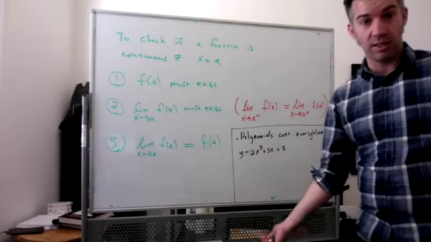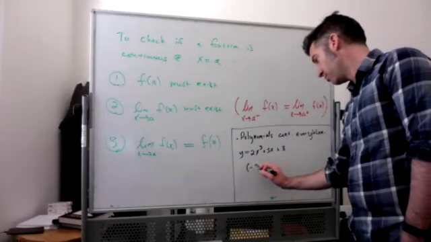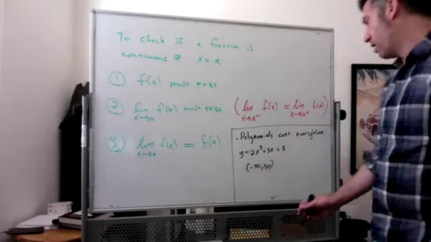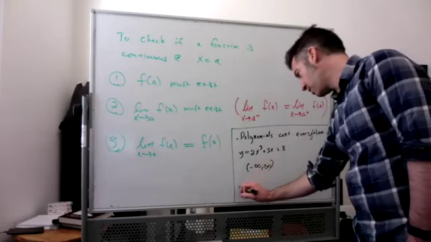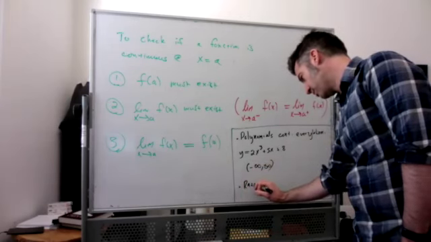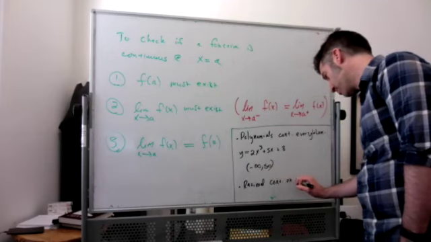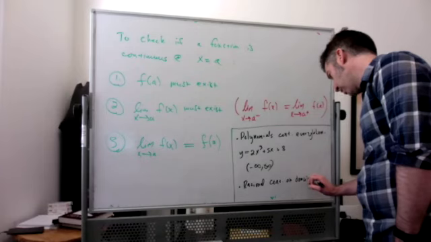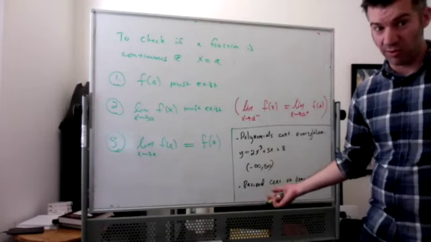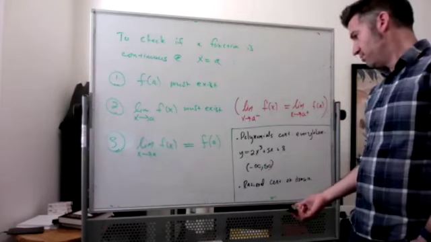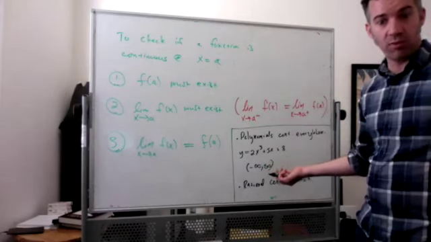It's continuous on the entire real line, because polynomials are all continuous everywhere. And rational functions are continuous on their domain. Except for where you're dividing by 0, a rational function is continuous everywhere else. So those are a couple important ones to remember.